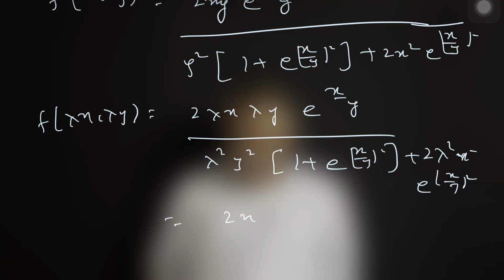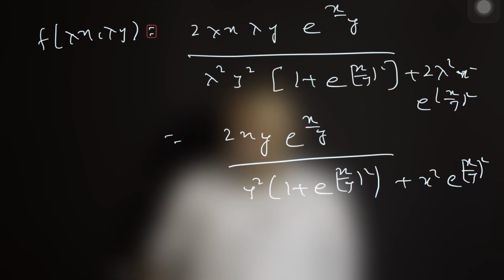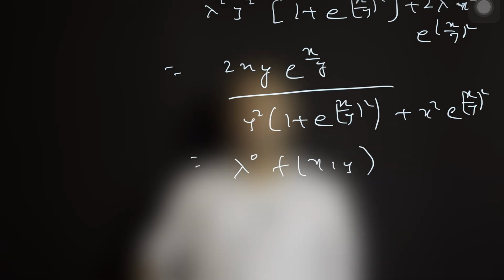So, what I see here is that my lambdas get cancelled, and this can be written as lambda to the power 0 f of x, y.